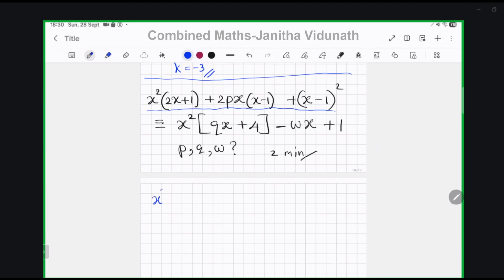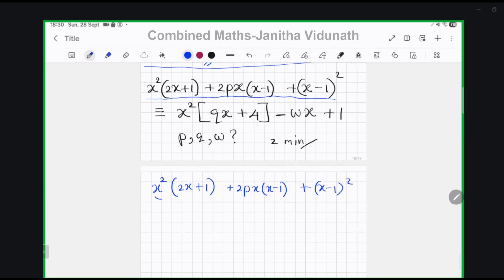Our left hand side is x square times 2x plus 1 plus 2px times x minus 1 plus x minus 1 whole square. This can be further simplified to 2 times x cube plus x square, and this can be further simplified plus 2px square minus 2px.